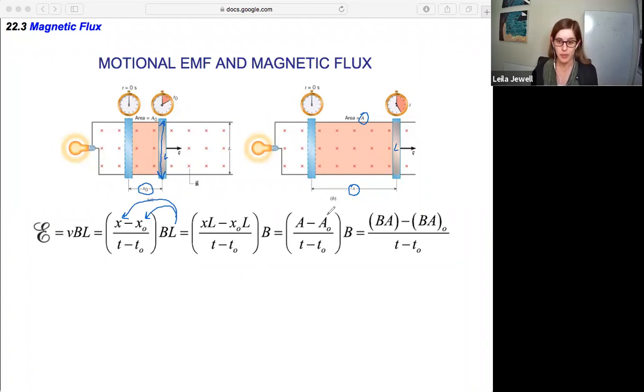So we have A minus the initial area, divided by t minus the initial time, times the magnetic field. And now we'll distribute this magnetic field out to each of the terms so that we have the magnetic field times the area minus the magnetic field times the initial area, all divided by the time.